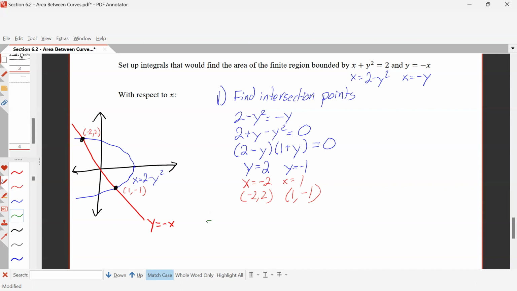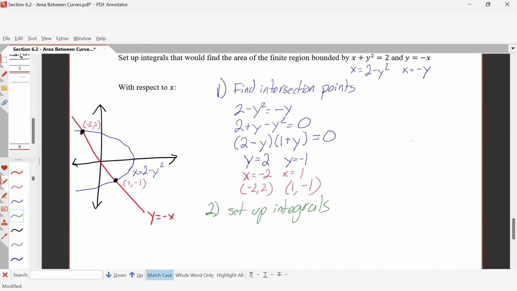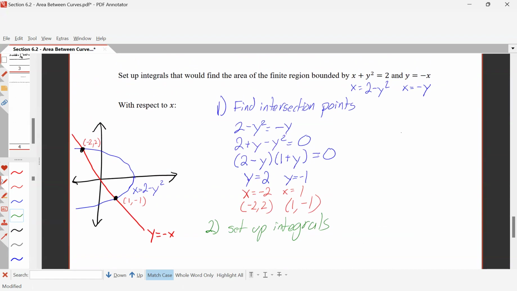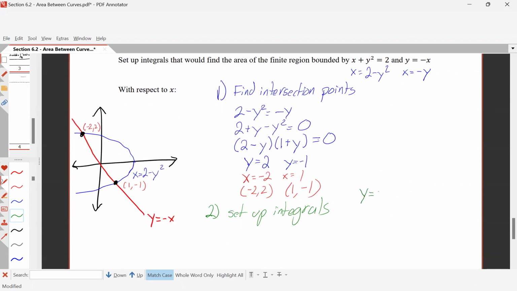Now, to set up our integrals with respect to x, we need our functions to be in terms of x. So we have y equals negative x, which is already in terms of x. But for y squared plus x equals 2, to get that in terms of x, we get y squared equals 2 minus x, or y equals plus or minus the square root of 2 minus x.